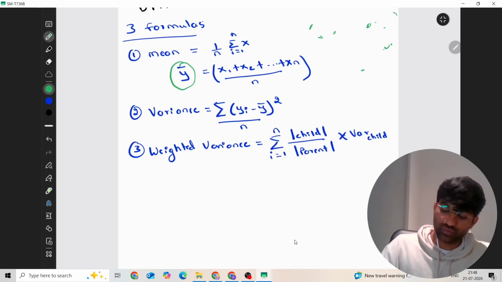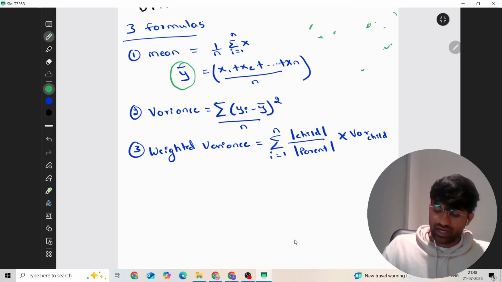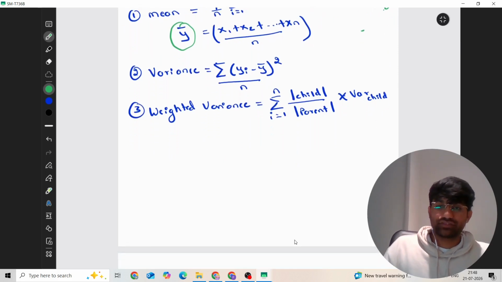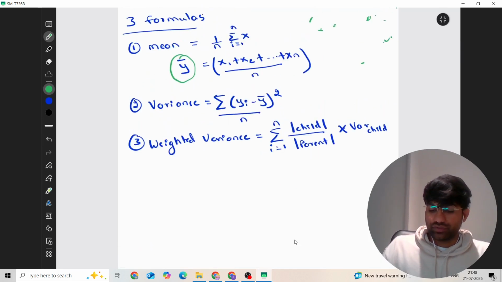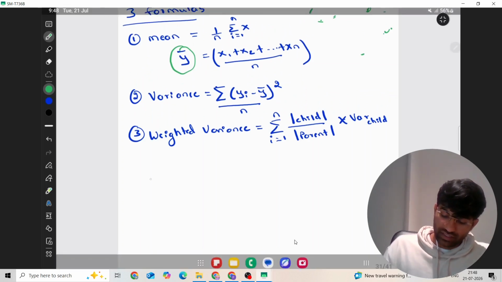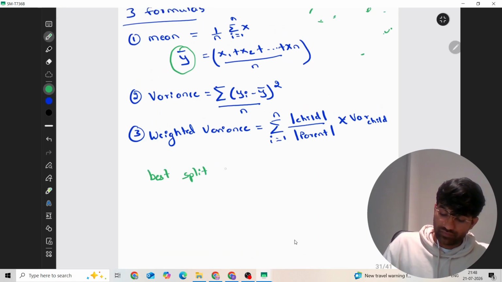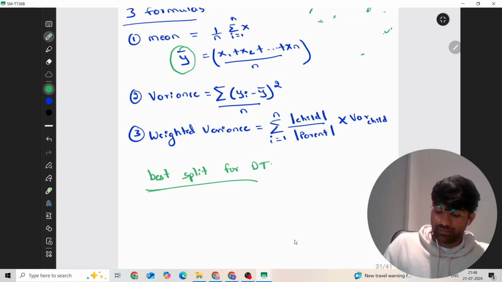Variance is the sum of (yi minus y bar) whole square divided by n, and weighted variance combines the variance of the left child node and the variance of the right child node. So we are going to use these three formulas to find the best split for decision tree.